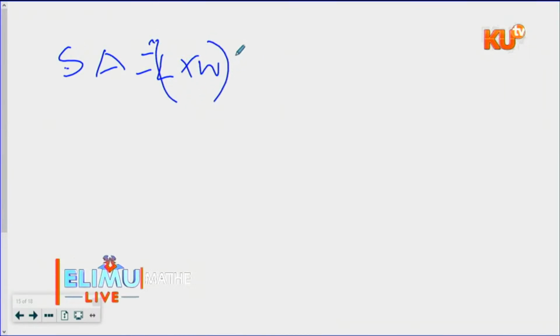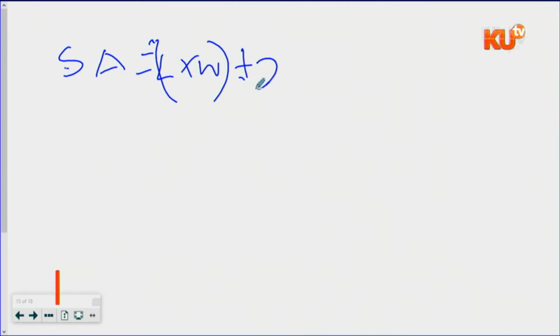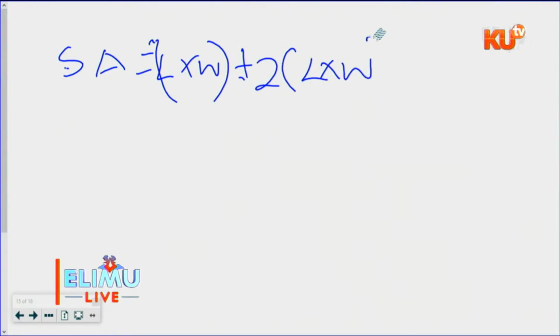Length times width, plus 2 into length times height. You can call it width or you can call it height. Then plus 2 into width times height.